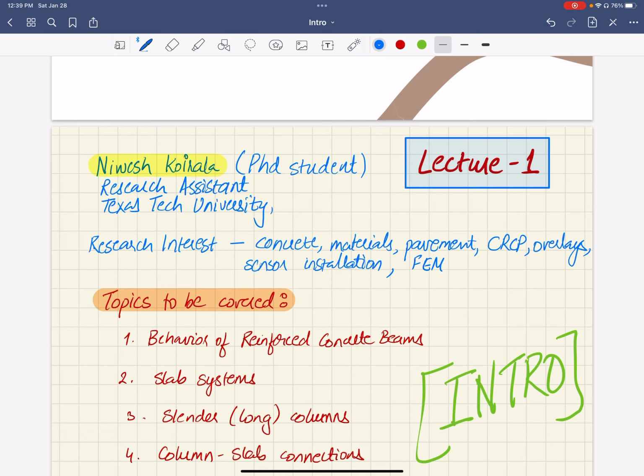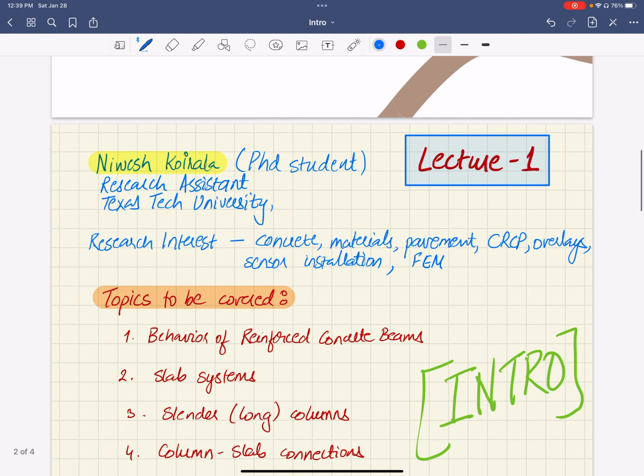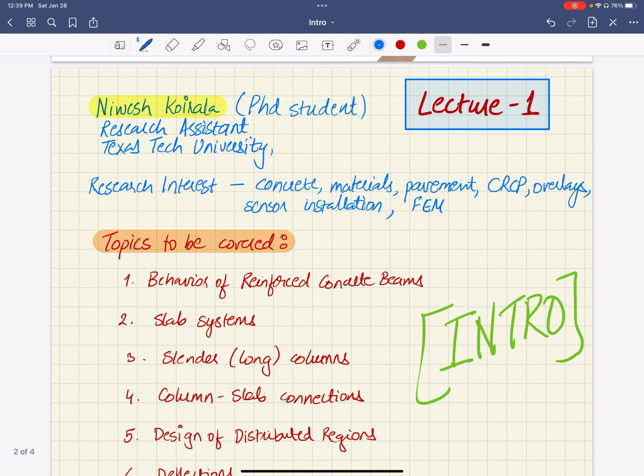I'm also focused on sensor installation in concrete pavement, and my research is around Texas. Mostly my current research work is affiliated with TxDOT.